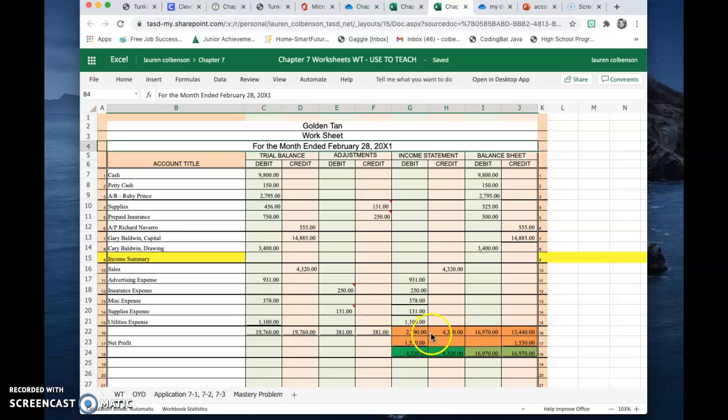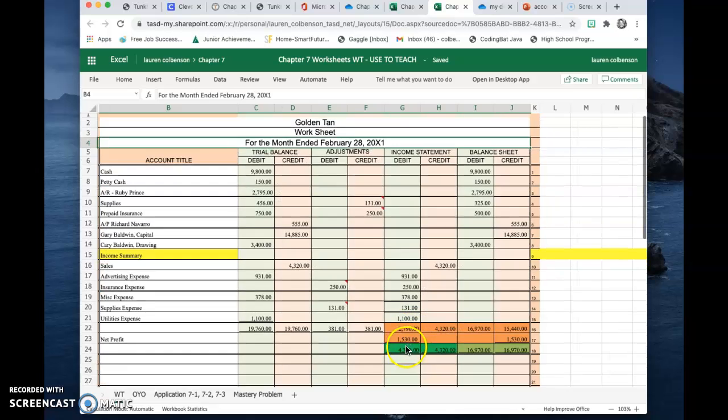Now, if you take the difference between these 2, you come up with $1530. If you take the difference between these 2, you come up with $1530. Now notice, this column is larger. So we would need to put that amount under this column in order to make these 2 equal. Same here.